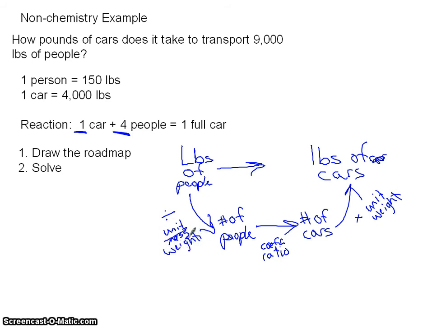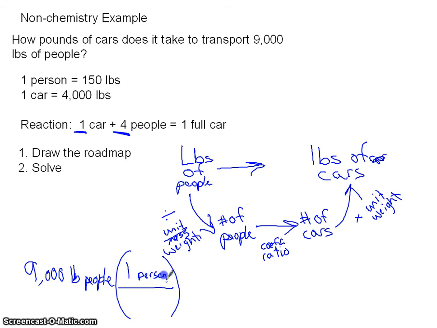Okay, so I then solve. I start out with 9,000 pounds of people. And then one person is 150 pounds.